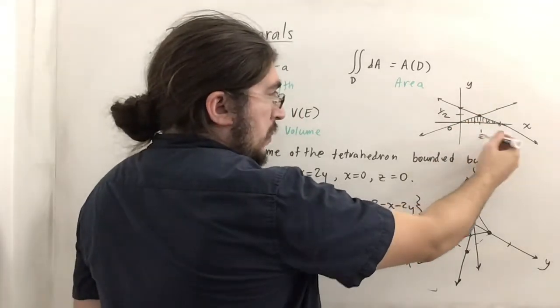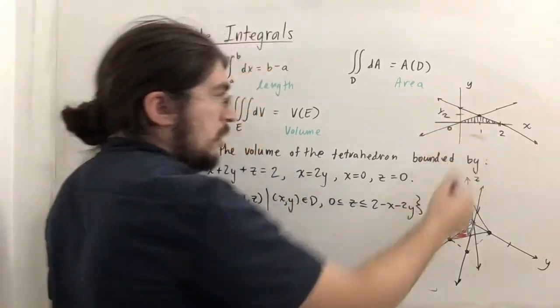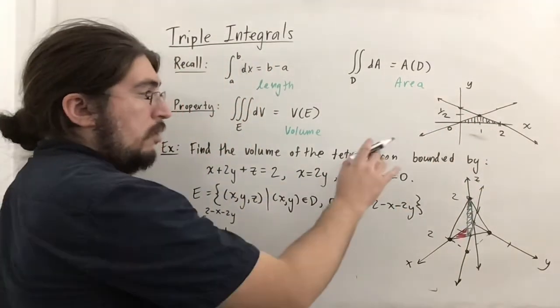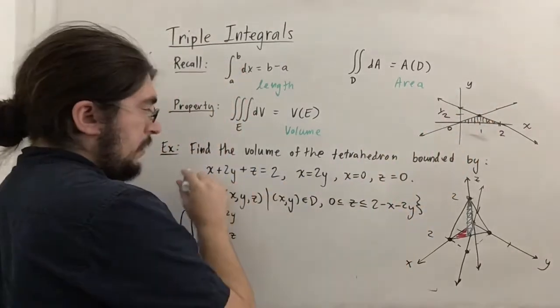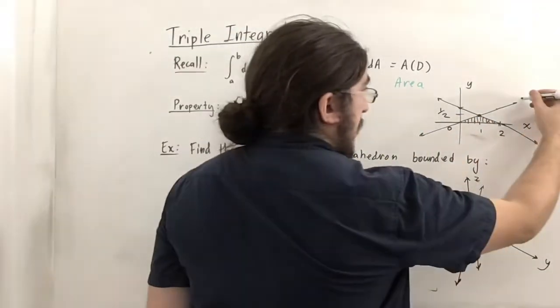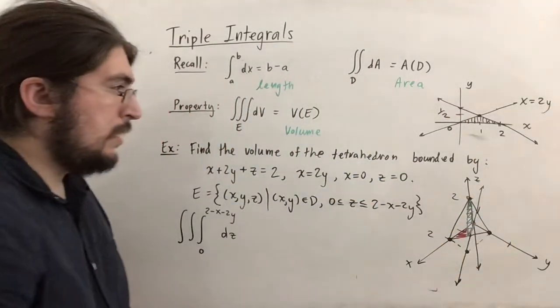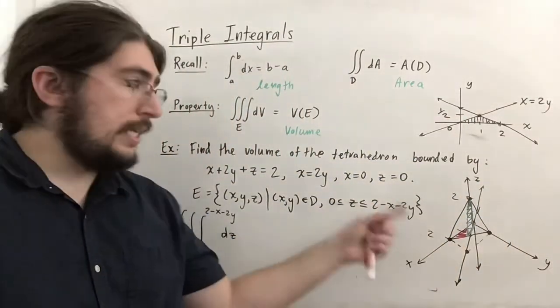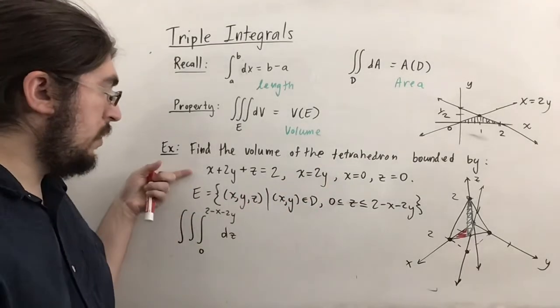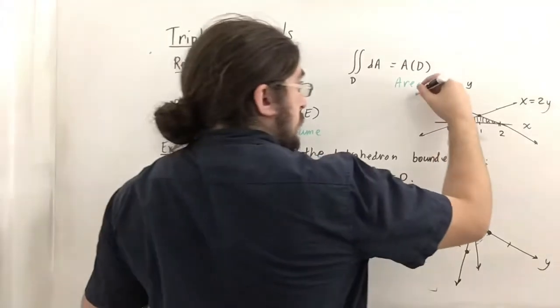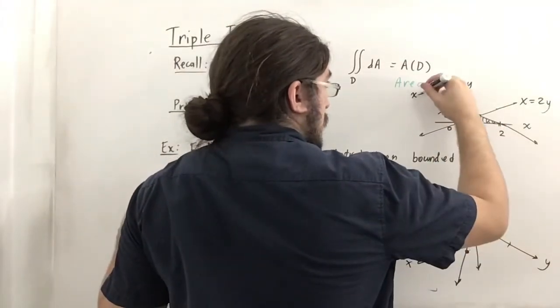Now, just to ensure that these values 1 and 1/2 are indeed correct, what are the actual equations of these lines? We know the equation of this line we've already established is just x equals 2y. Now this line comes from the plane, but notice on the xy plane, z is equal to 0. So for this plane, if z is 0, then we get x plus 2y equals 2 for this line.